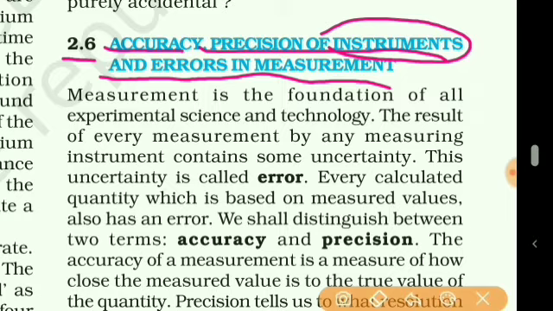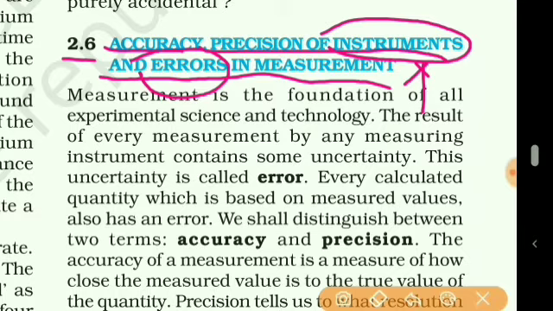That is, if I want to measure the length of any object, then I need a scale, a meter rule. Means instrument is required, and any instrument can have errors in it, and so there is need to resolve the error also.